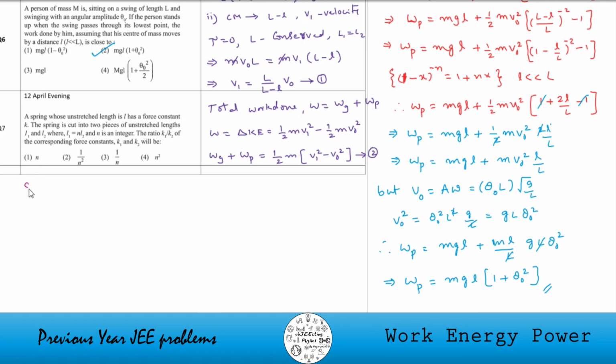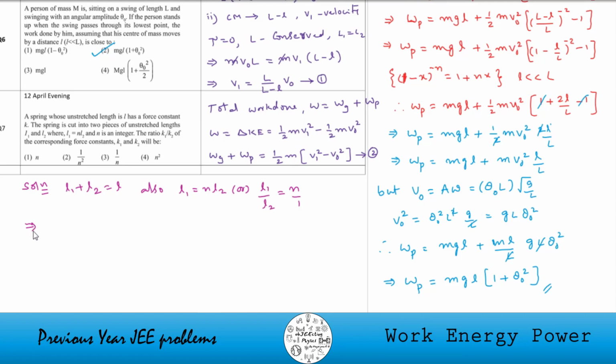So I can write the solution here for the seventh question. It is given in the question that the total length equals the sum of the two parts' lengths: L1 plus L2 is equal to L. Also given L1 is equal to N L2, or this can be written as L1 divided by L2 is equal to N by 1.